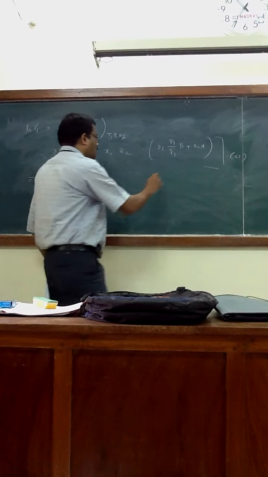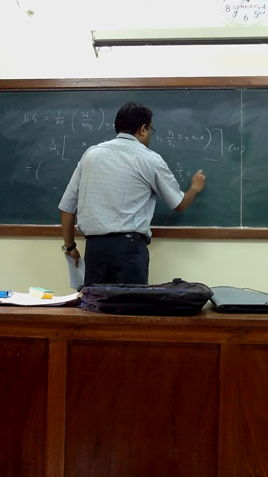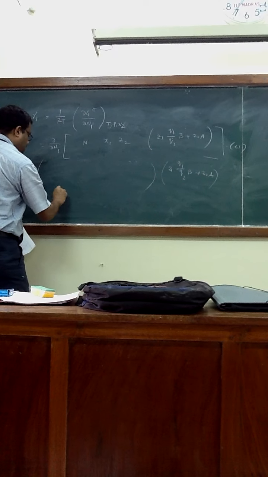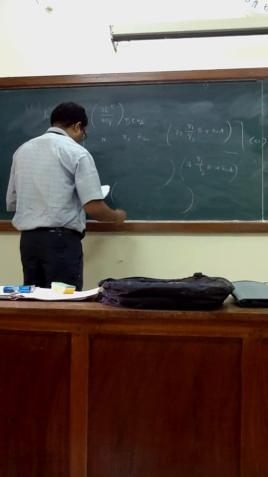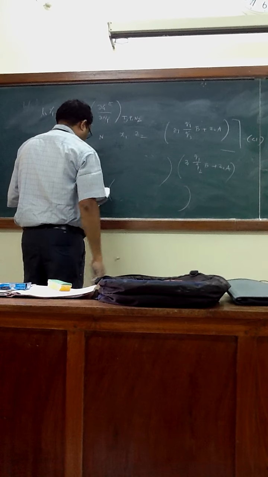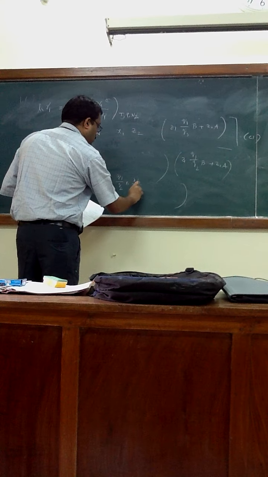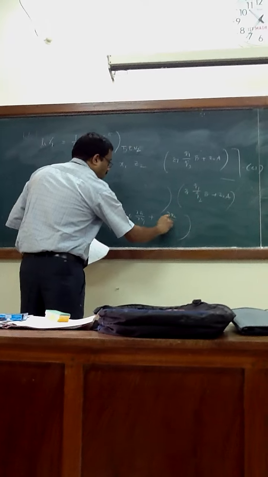So what you can do: Z1 Q1 Q2 (B plus Z2 A), another term will be plus N x1 Z2 ∂Z1/∂N1 Q1 Q2 into (B ∂Z1/∂N1 plus A into ∂Z2/∂N1).